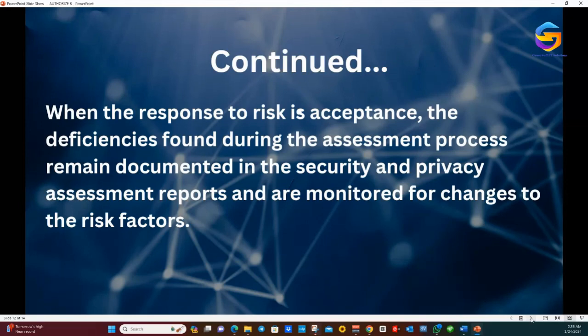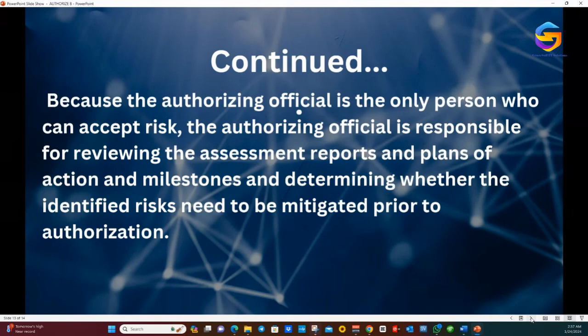When the response to risk is acceptance, the deficiencies found during the assessment process remain documented in the security and privacy assessment report and are monitored for changes to risk factors.